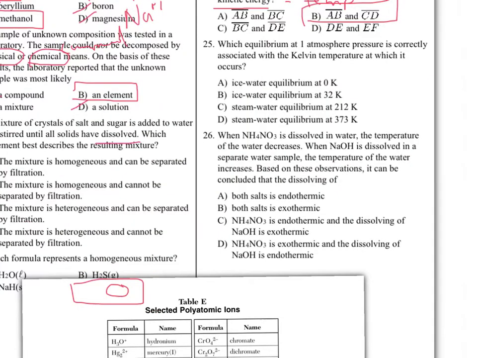Question number 25 asks about which Kelvin temperature appropriately represents the equilibrium. Now, equilibrium means that we have both substances at the same time at that exact temperature. Now, here they give all the temperatures in Kelvin, and although Celsius to Kelvin temperature conversion is really easy, we should probably just write down the Celsius temperatures first.